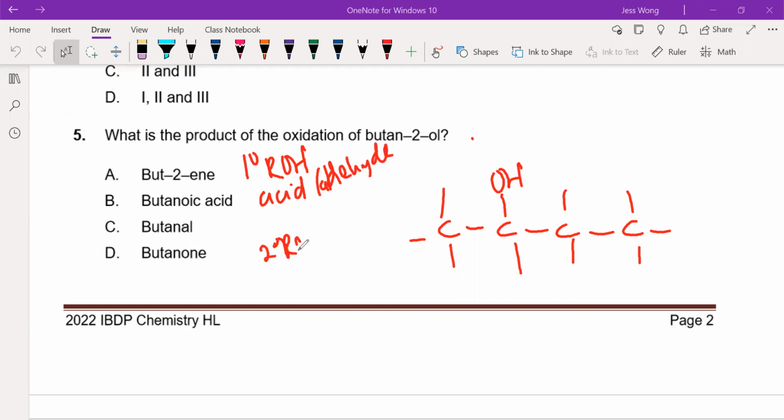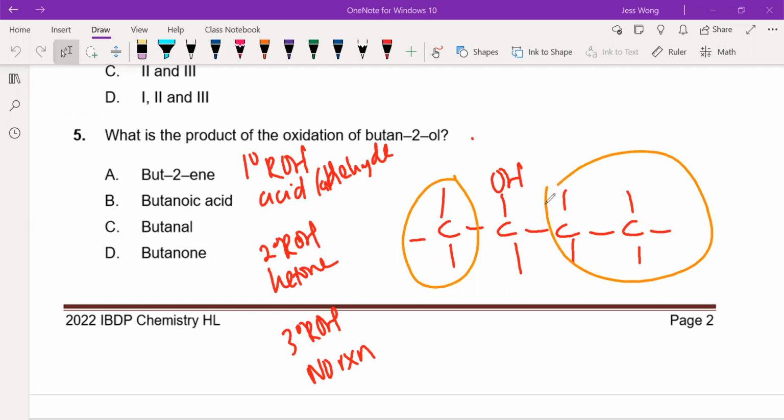Secondary alcohol will give you a ketone. Tertiary alcohol will have no reaction. So if we look at this, and classify the carbon, you will find that yes, 1, 2 groups. So it's a secondary alcohol, we will expect to get a ketone. So the answer will be B.